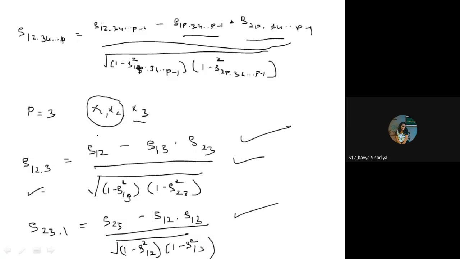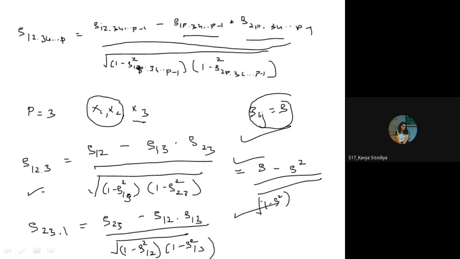Suppose I am taking rho ij equal to rho for every i, j, then what is the relation? Rho 1 2 dot 3 is equal to rho minus rho into rho, that is rho square, divided by the square root of (1 minus rho square)(1 minus rho square).